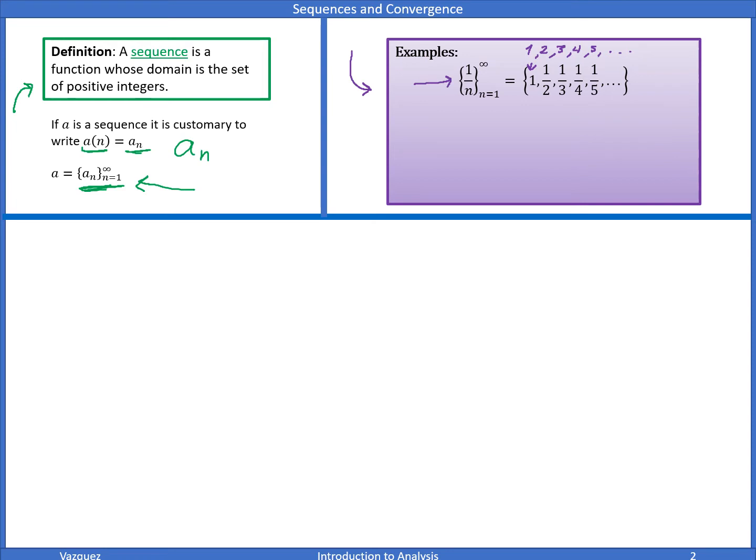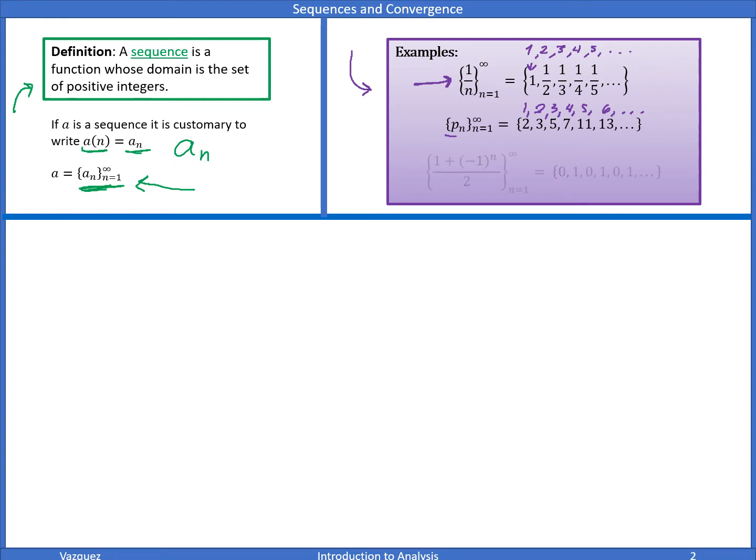So that's a sequence. It doesn't have to be explicitly shown, like the 1 over n. We can simply write p sub n for a sequence, without having to write a formula. This one gives us prime numbers, that's why we have a p. And again, the domain is 1, 2, 3, 4, 5, 6, and so on.